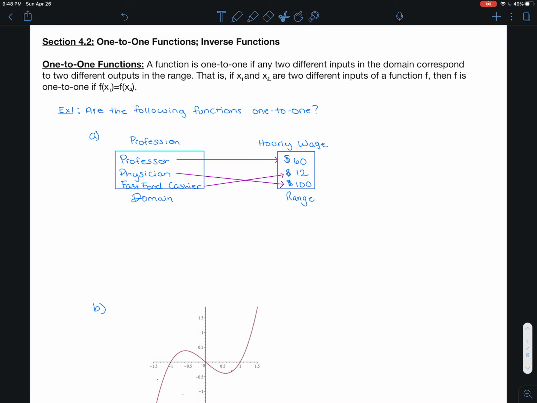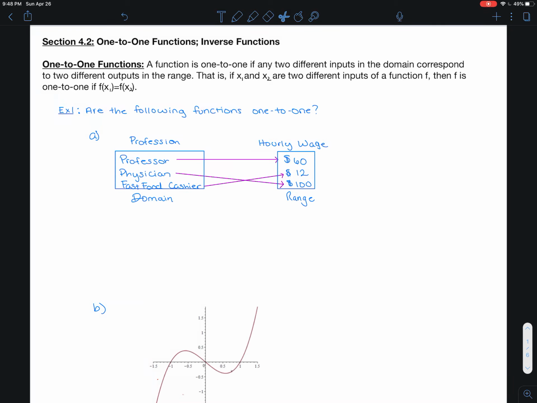Let's look at an example. It's always easier to see a definition when you actually see an example. In A, I wrote down a few professions: a professor, a physician, and a fast food cashier. For the range, I have their hourly wage: $60, $12, and $100.